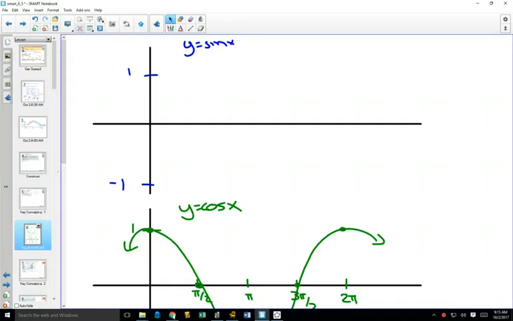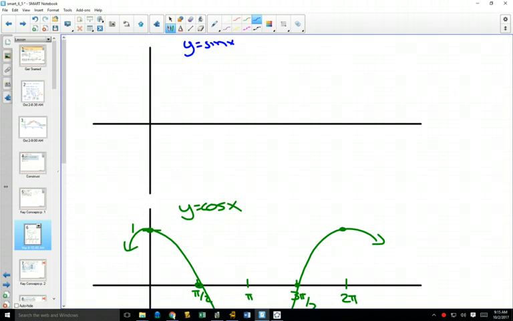Okay. The first thing you're going to do when graphing your sine graph is you're going to know that your sine graph repeats itself in one full revolution of the circle. So its period is 2 pi.